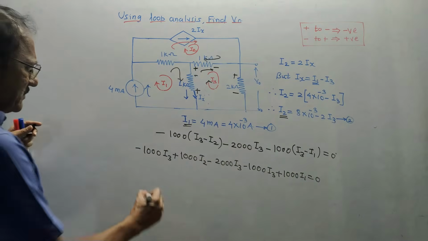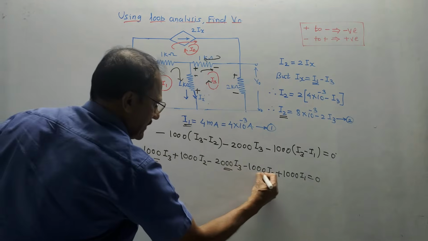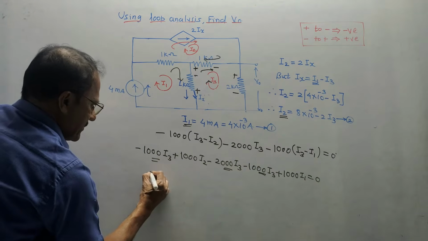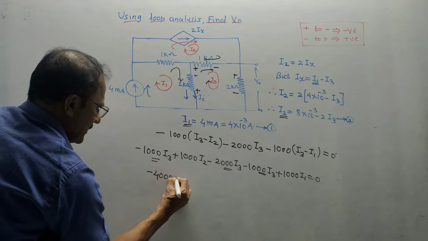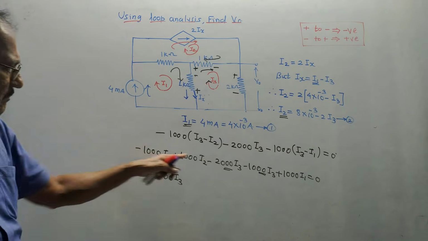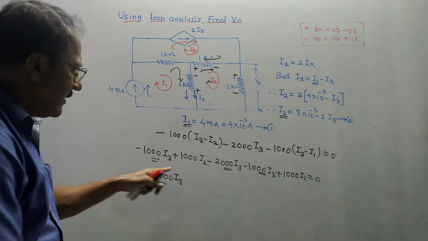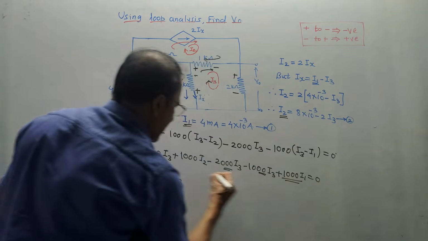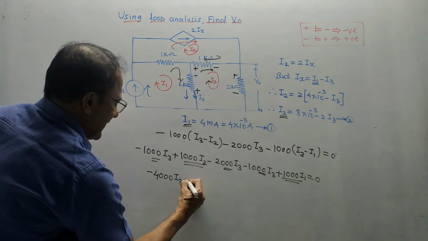Let us combine the terms. There are three terms related to I3, so it becomes minus 4000 I3. I have simply clubbed the terms related to I3.